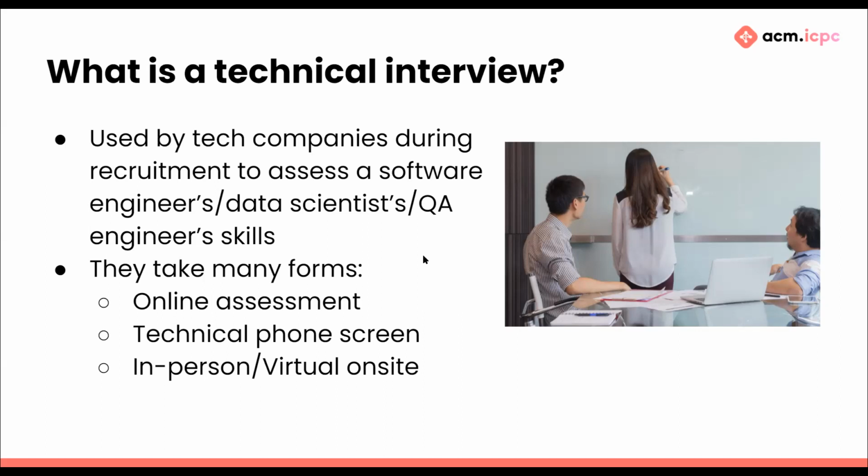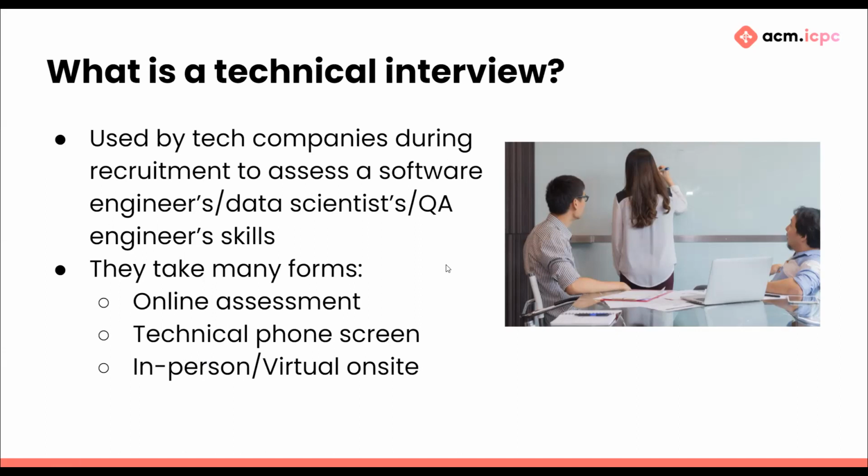Online assessments are the online coding assessments that you typically get when applying to internships. The technical phone screens are usually one-on-one over the phone. The interviewer calls you and gives you technical questions, and you explain to them over the phone your thought process and how to solve them. The in-person is what you would expect of a typical interview.